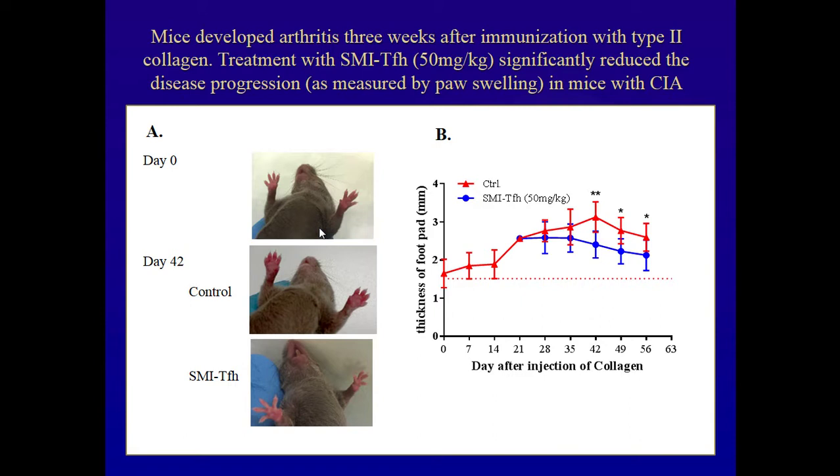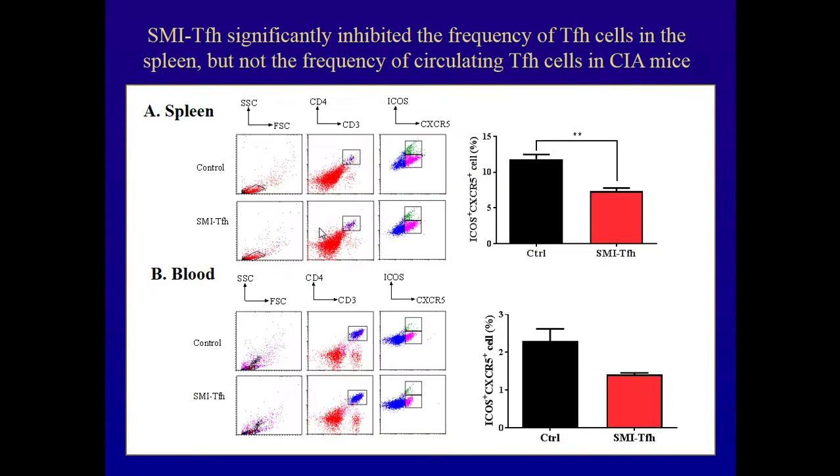And then we check the T follicular helper cell in the spleen and also the circulating T follicular helper cell. This is significantly decreased by the small molecule inhibitor in the spleen. And in the blood, circulating T follicular helper cell also decreased, but didn't reach significance.